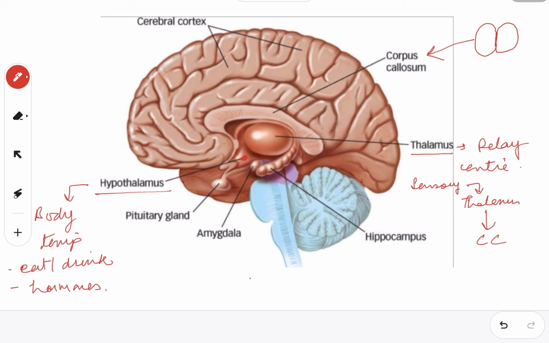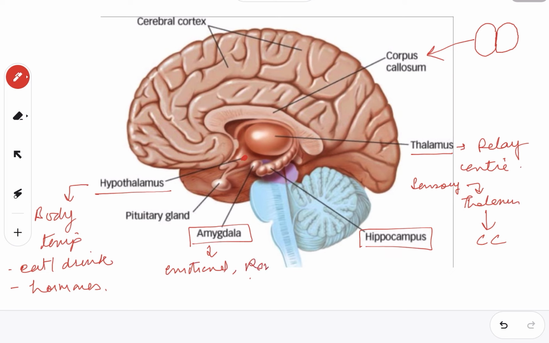Now we come to the limbic lobe. The limbic lobe has two parts, amygdala and hippocampus. Amygdala is a small almond-shaped structure and the hippocampus lies adjacent to it in the lower part of the fork. Now the amygdala is the center for emotional response like fear, happiness, sadness.